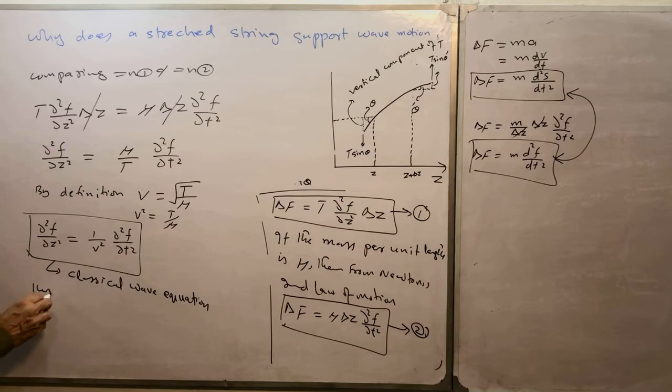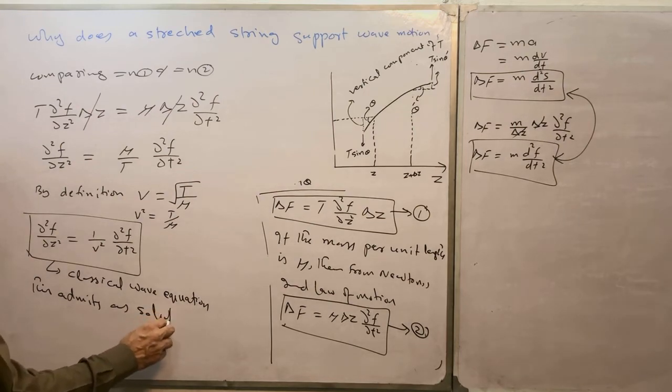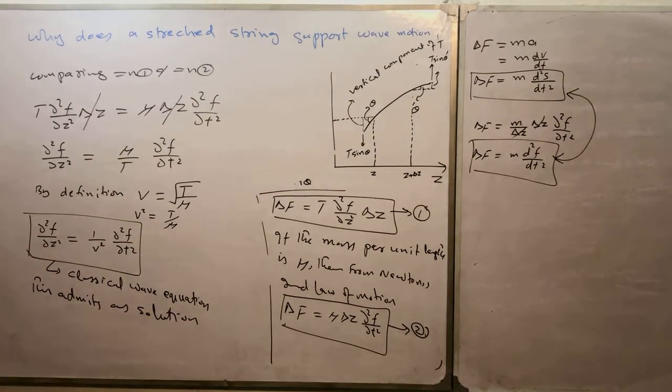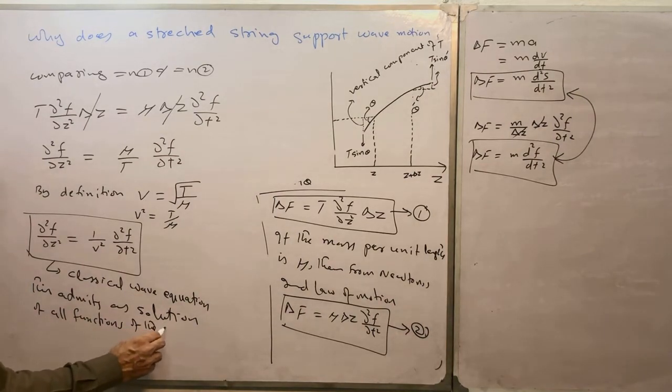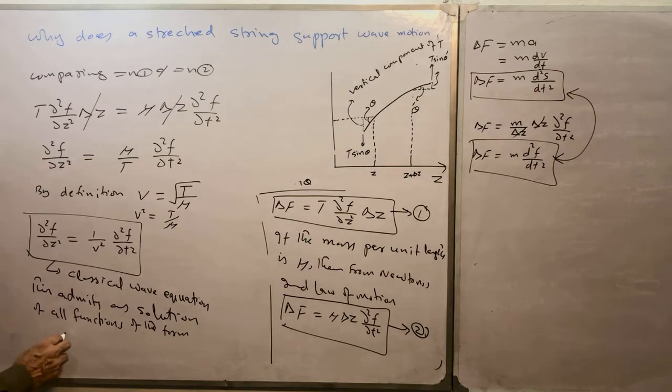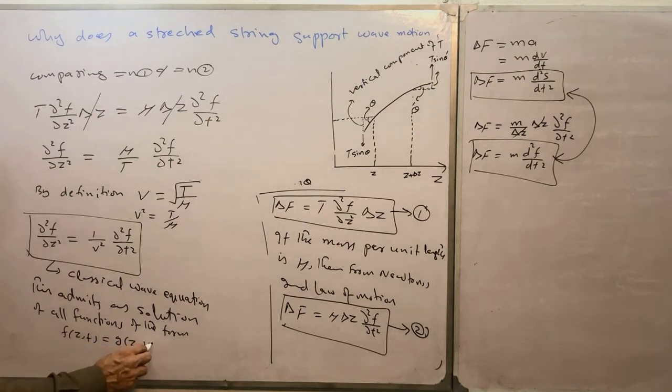This admits as solution all functions of the form f of z, t, which is equal to g of z minus vt.